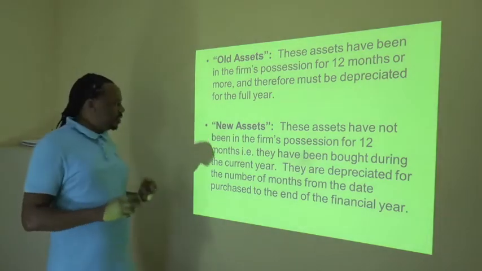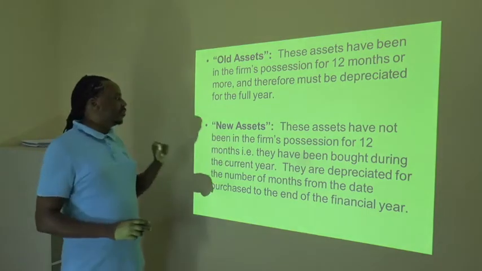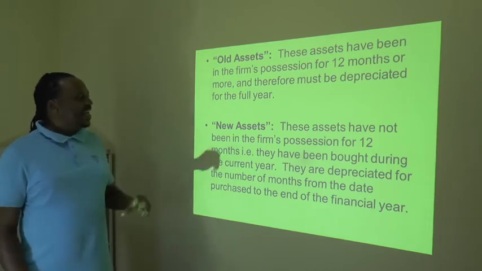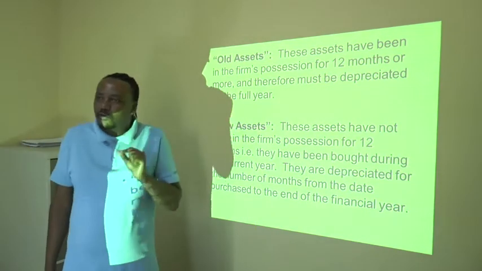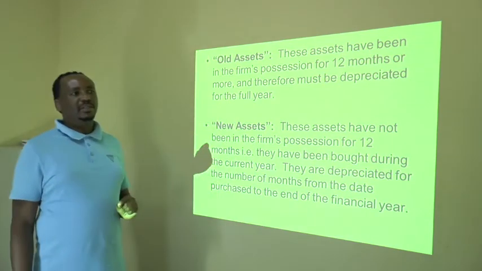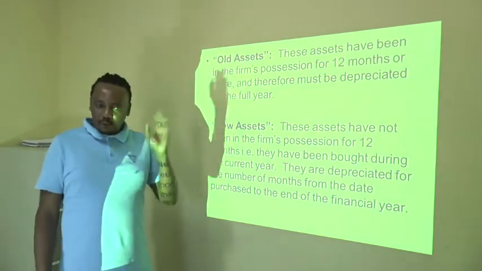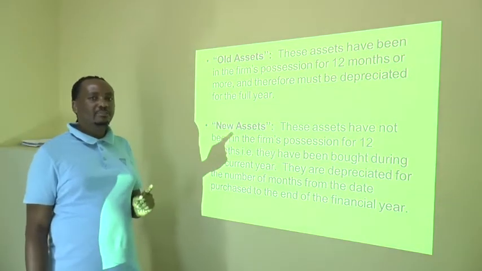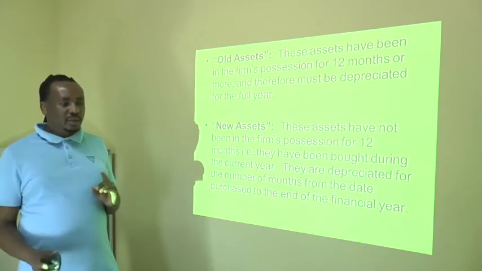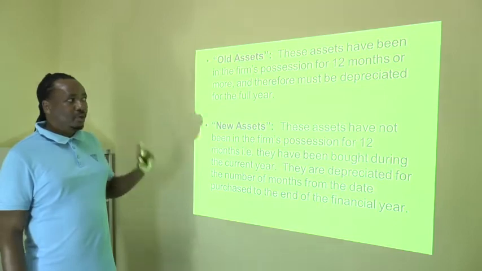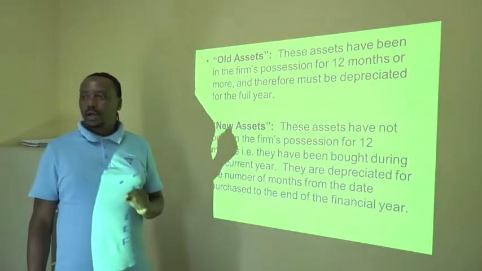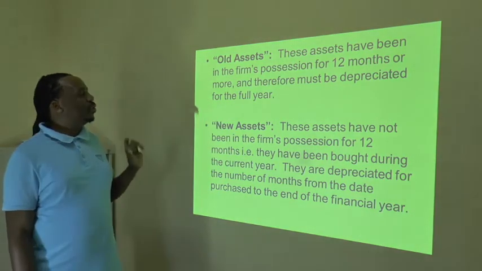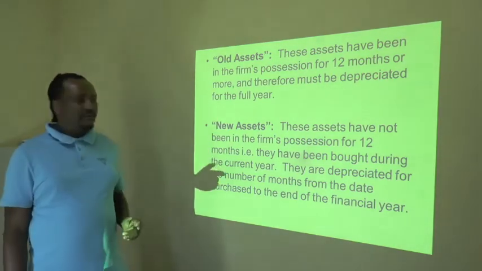If the asset has not been within the business for a full year, it must be depreciated on the number of months that it has been there. If it was there for 6 months, when we are calculating the depreciation you must multiply by 6/12, because most of the time the depreciation rate we are given is for a full year, per annum.